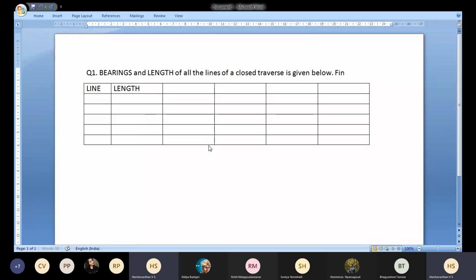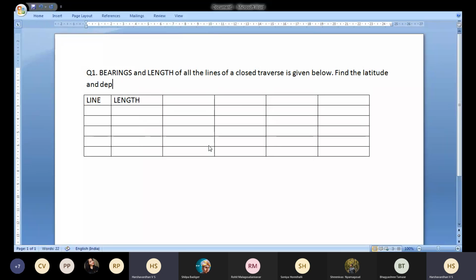Find the latitude and departure of all the lines. Bearings and lengths of all the lines of a closed traverse is given. Find the latitude and departure of all the lines.